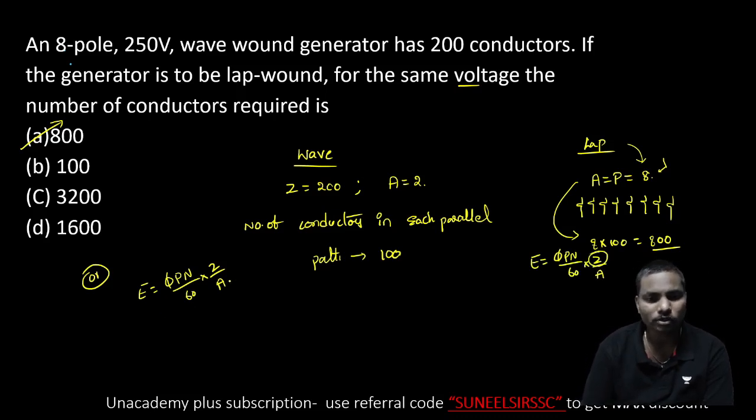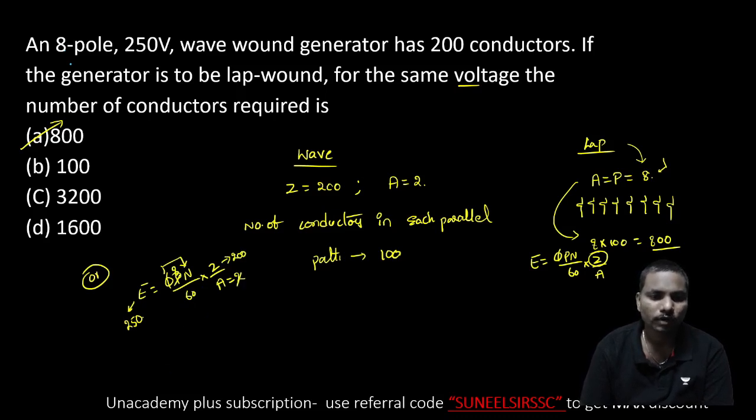Here you have to substitute in the wave winding A is equal to 2, and EMF value as 250 volts. Φ and N are not given, so you have to find out ΦN, and poles given as 8, conductors given as 200.